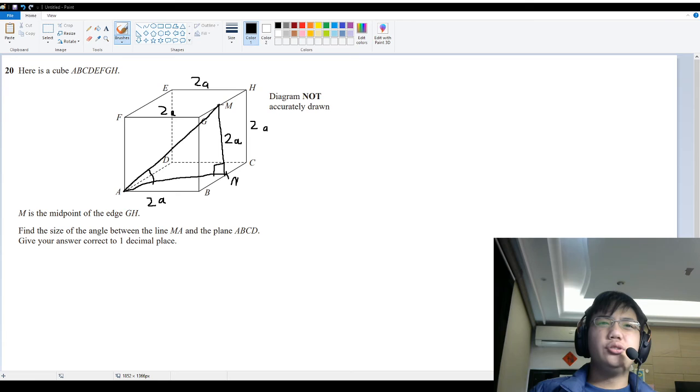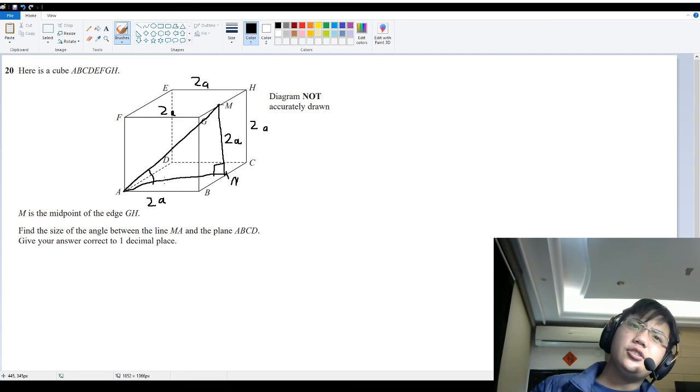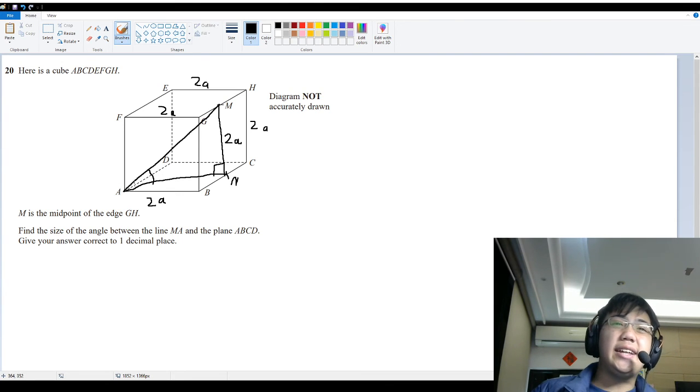we can use trigonometric rules, or actually you can also use the Pythagorean theorem, to find out the length of different sides. So first of all, let's find the length of AN. Here we have another right angle triangle where we have 2A on one side, A on the other.